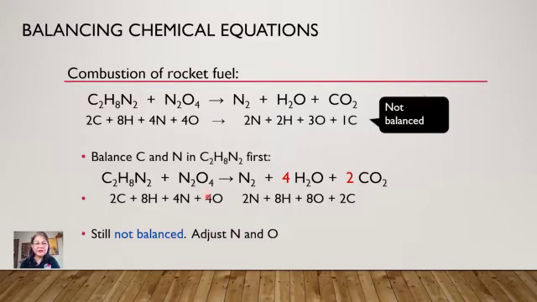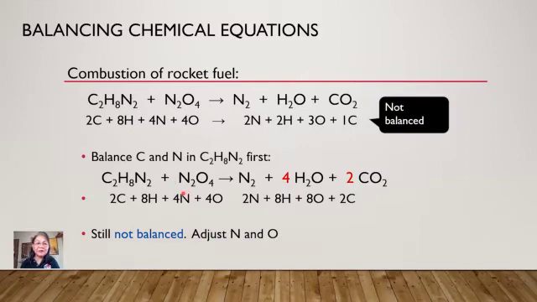And then oxygen next, 4 in the reactant, and in the product there are 4 from water and 4 from carbon dioxide, so that's a total of 8 oxygen atoms. To make the number of oxygen atoms the same as those in the products, I should be placing a 2 before N2O4.